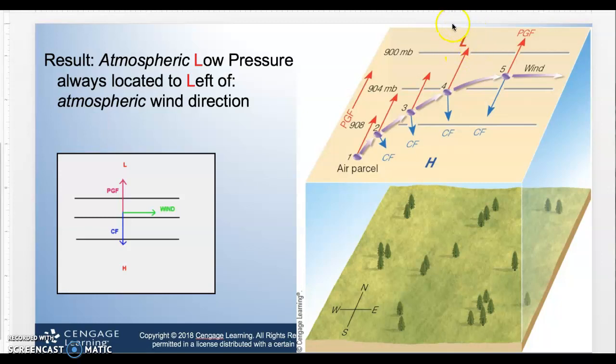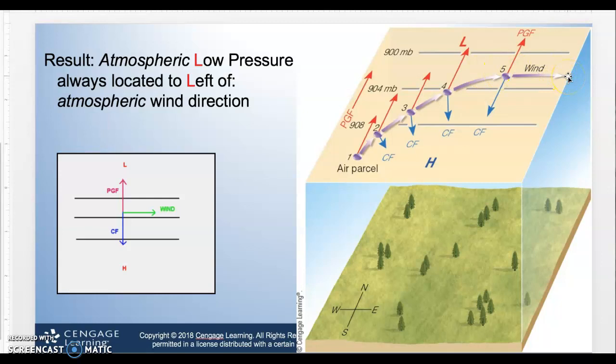And we know that the atmospheric low pressure systems are much more predictive than the surface low pressure systems. So it's a really handy thing to know where the atmospheric low pressure systems are. They are always going to be to the left of the way the wind blows.